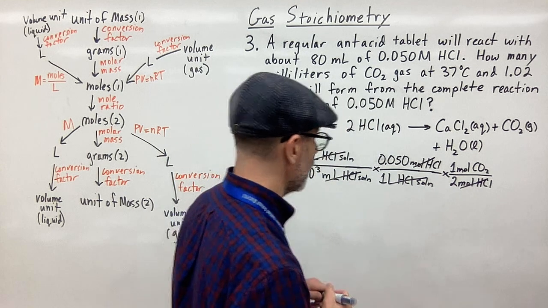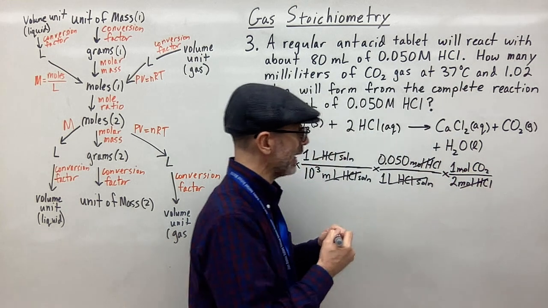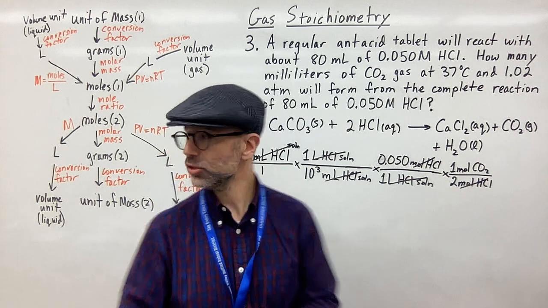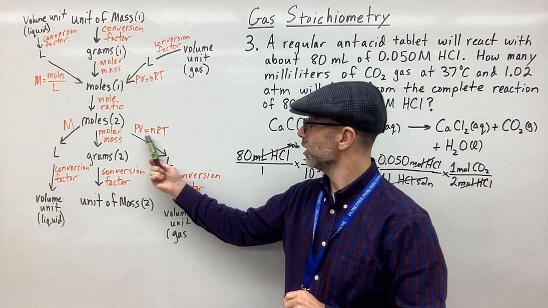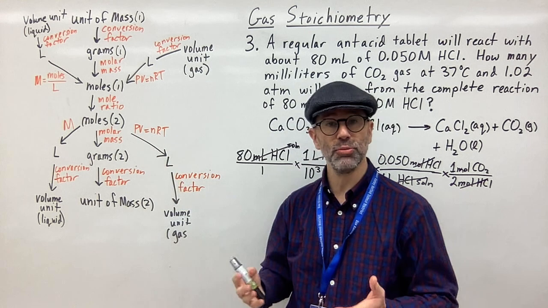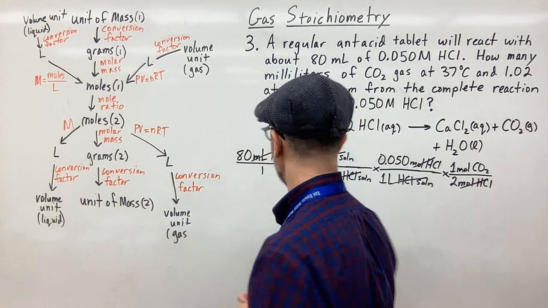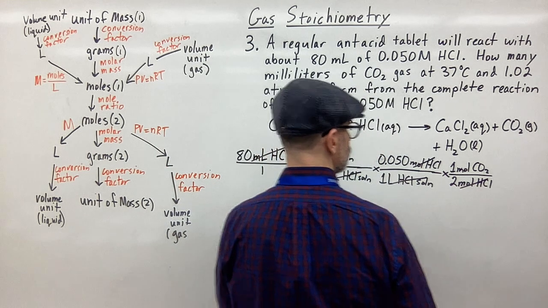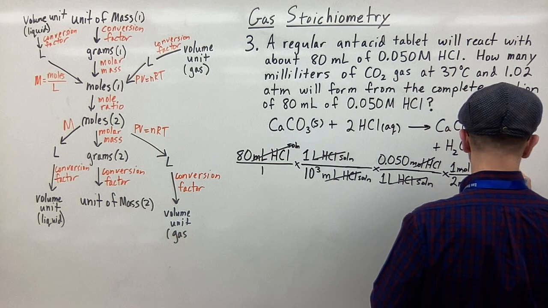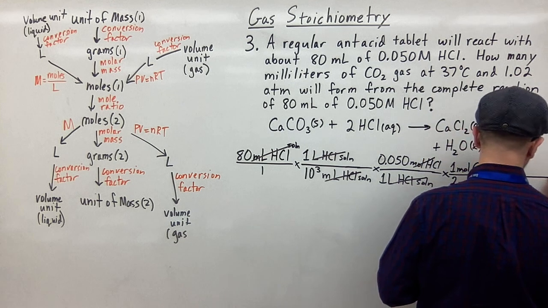So again, you can stop here and just calculate the number of moles and then plug that into the ideal gas law, right? Solve for the volume, use that to then find the volume in liters, and then you would convert that to milliliters. But you could also just use it as a conversion factor, right? So you can use the R value, right?